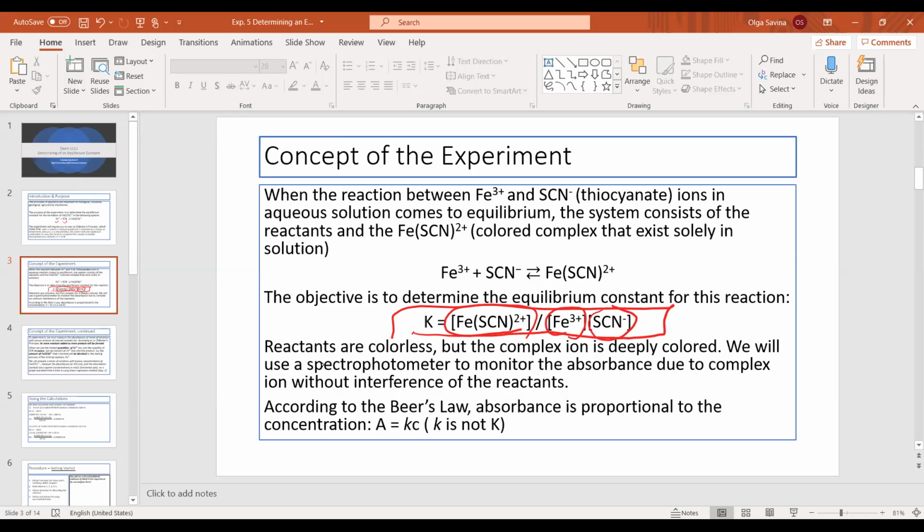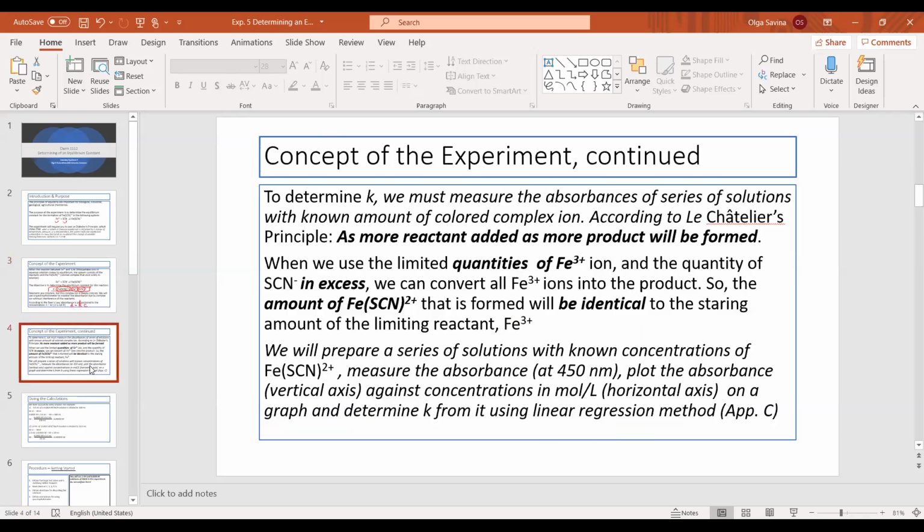We can use a spectrophotometer to monitor the absorbance due to the complex ion without interference of the reactants. And we will apply Beer's law, in which absorbance is proportional to the concentration. So here is Beer's law: A stands for the absorbance, K is a constant, and C is the concentration.